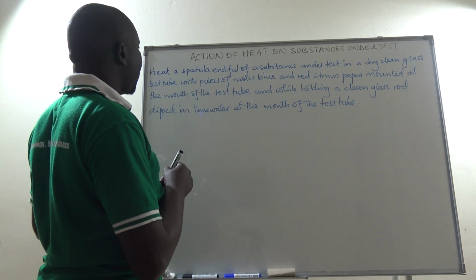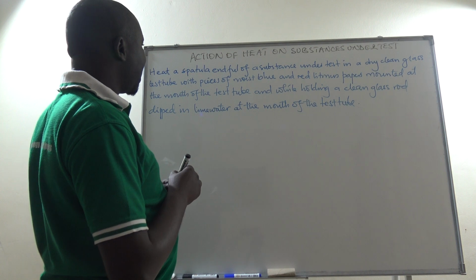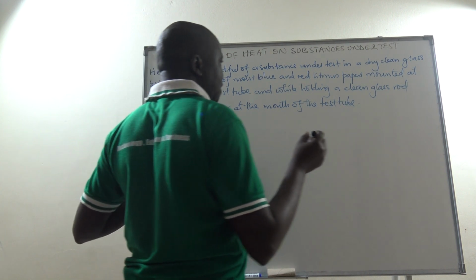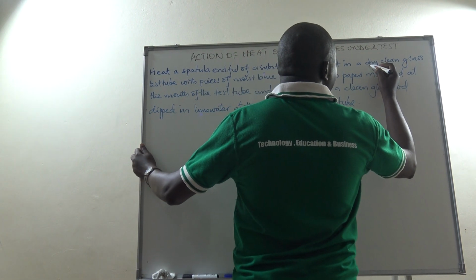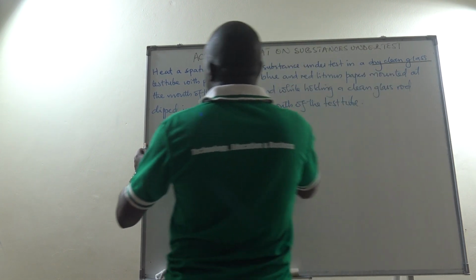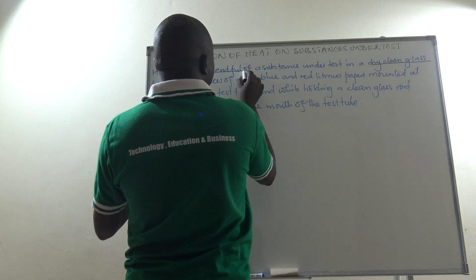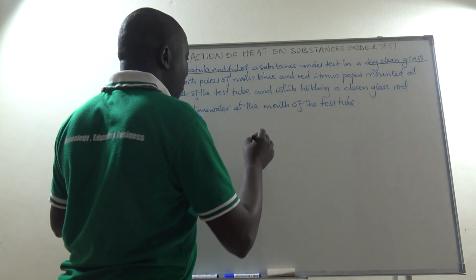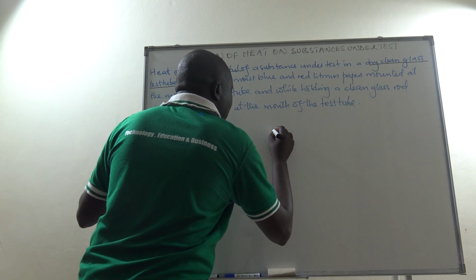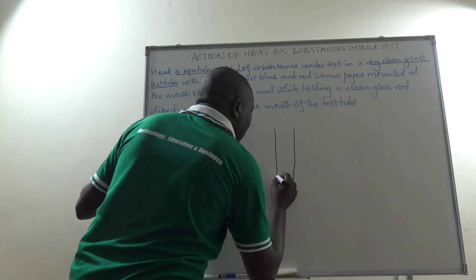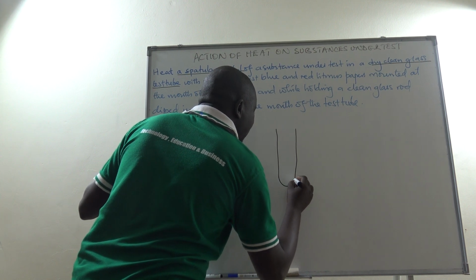We are supposed to heat a spatula handful of a substance under test. We need to use a dry clean glass test tube, and it must be a spatula and full. So if I have my test tube, let me use a diagrammatic illustration here.